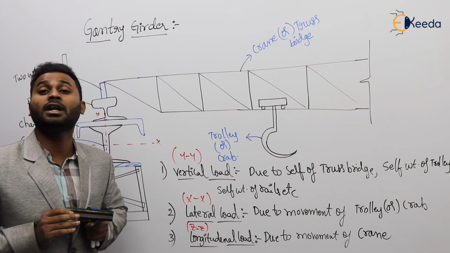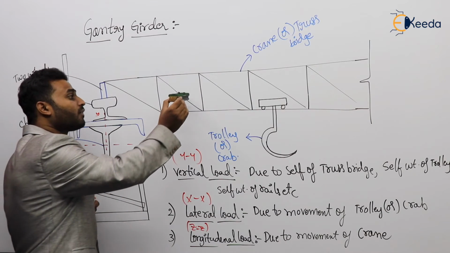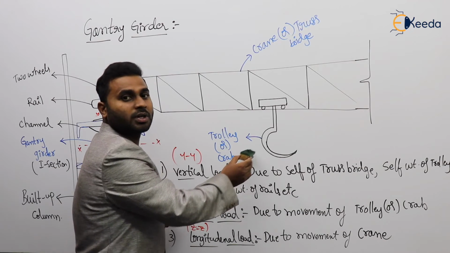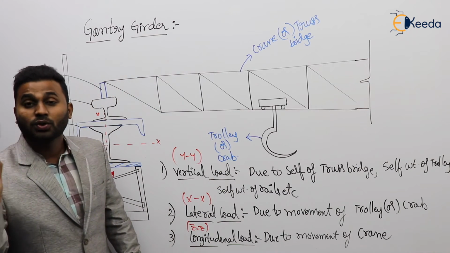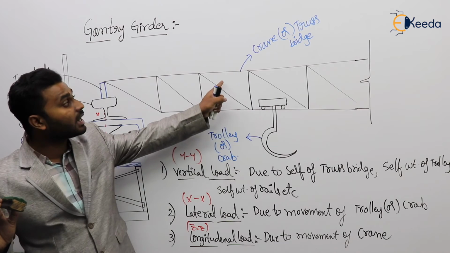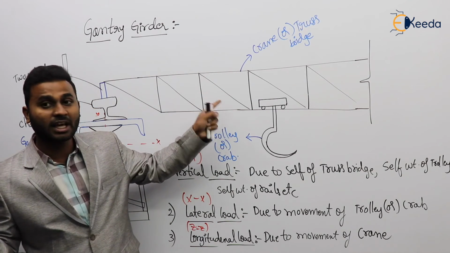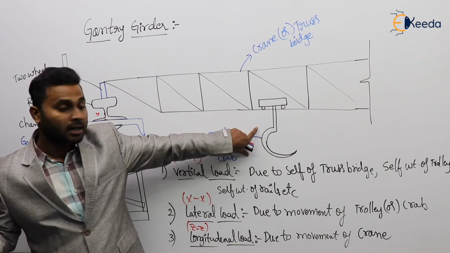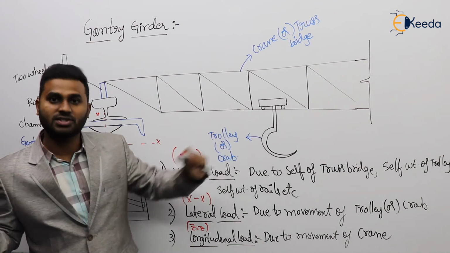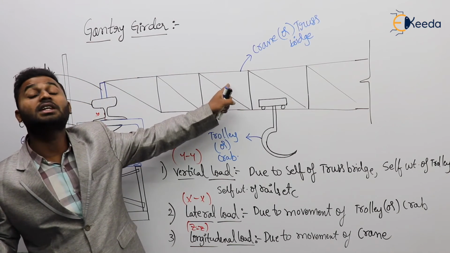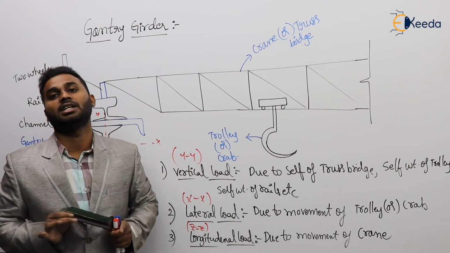But what we can manage is the movement of the truss or crane bridge, or the trolley. We should not move the trolley and the crane at a time. If we are moving the crane, then we have to keep the crab or trolley at rest. If we are moving the trolley or crab, then we have to keep the truss or crane bridge in rest condition. That is the thing.